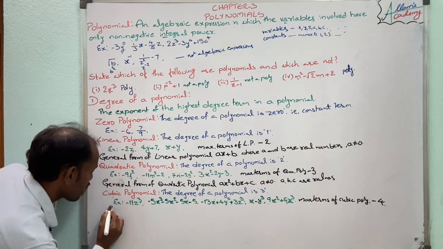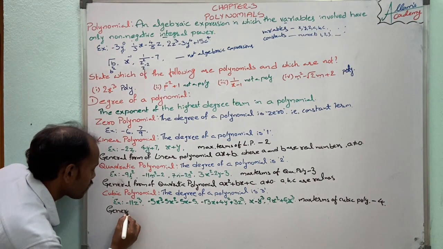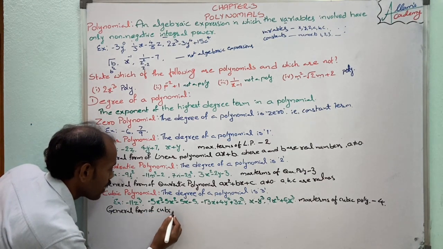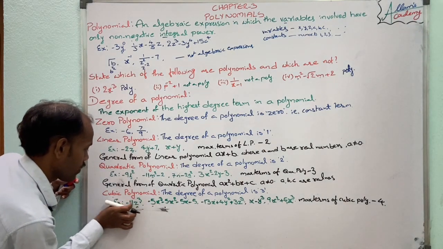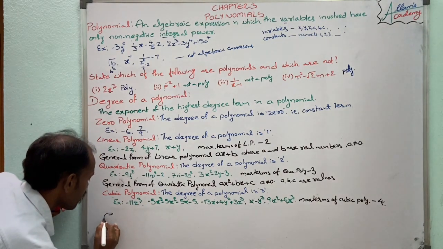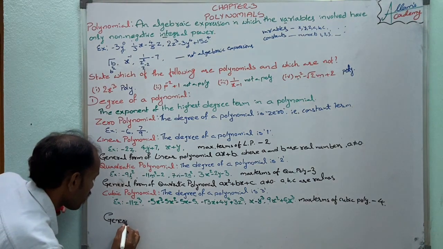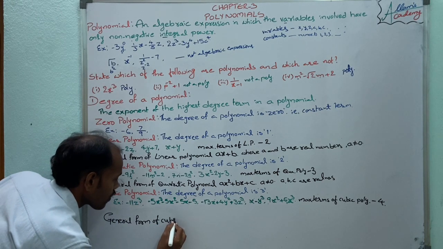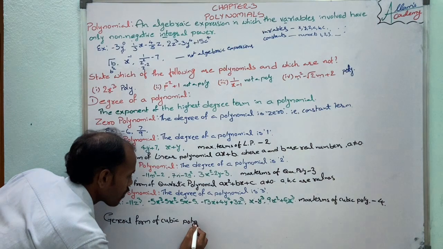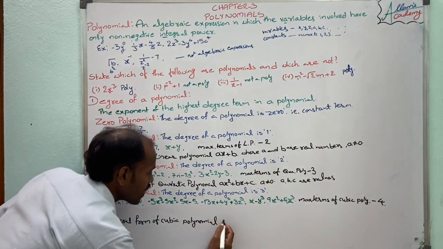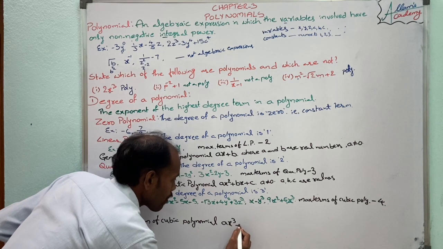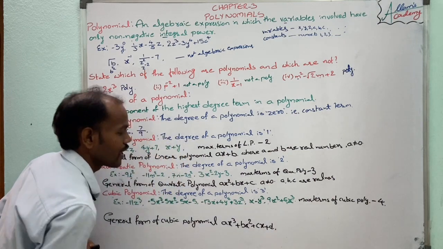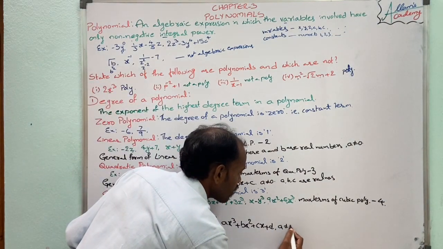And if we write the general form of a cubic polynomial, it is ax cube plus bx square plus cx plus d, and here also a is not equal to 0.